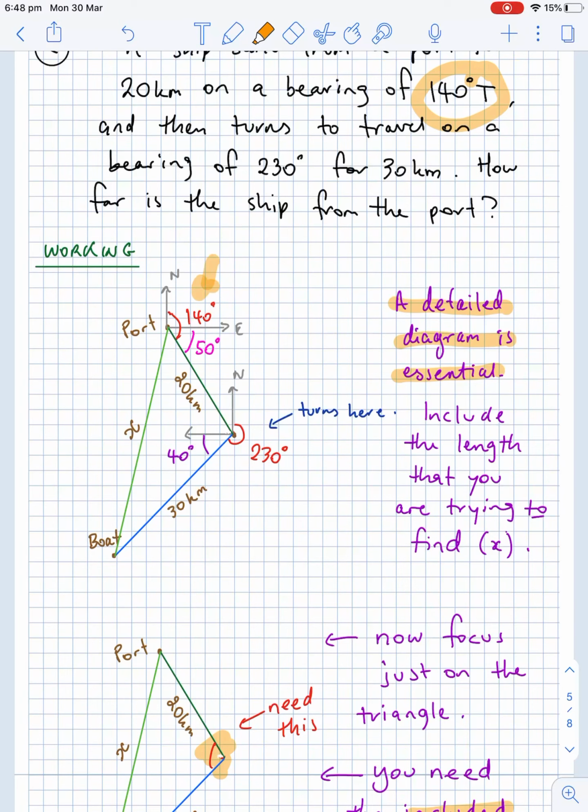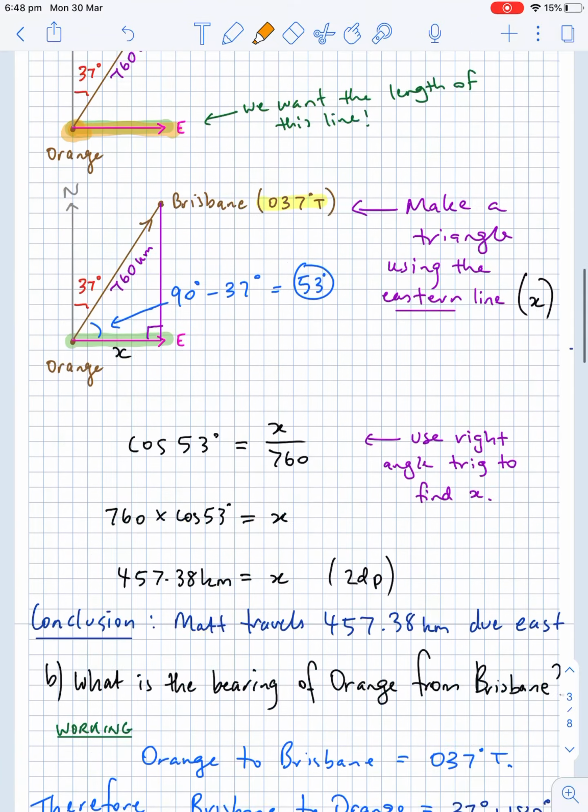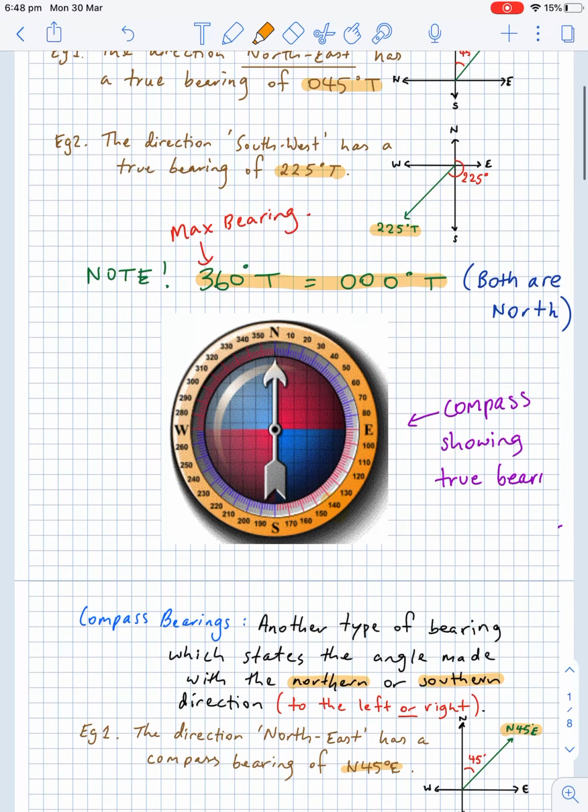So I'm just putting in little bits of information where I can. Okay, so that travelled 20 kilometres down here, and at this point they turn. It's really important to understand that this is where they turn after this 20 kilometres. They turn on a bearing of 230. Now 230 degrees is over here.